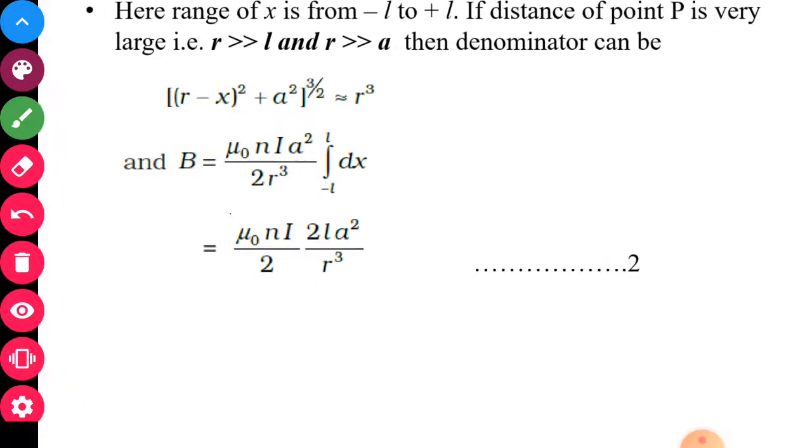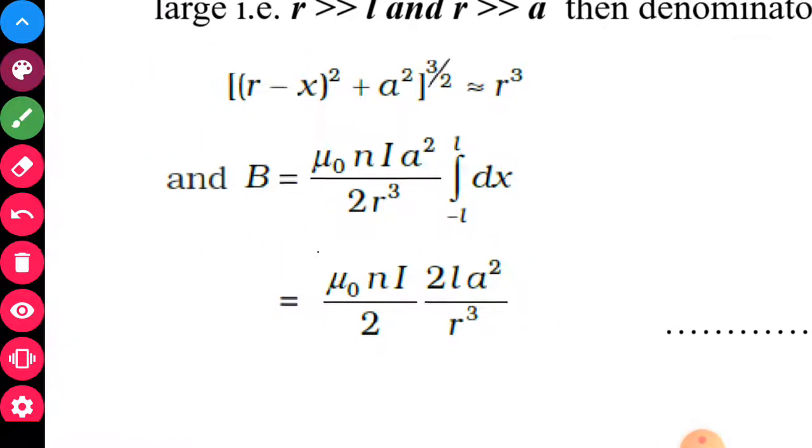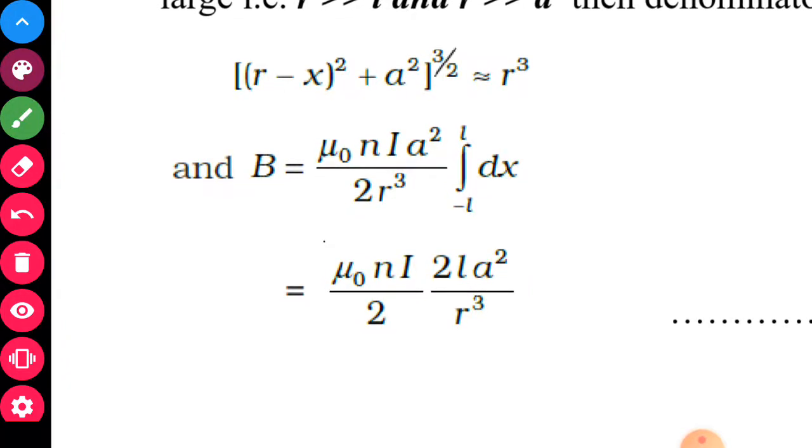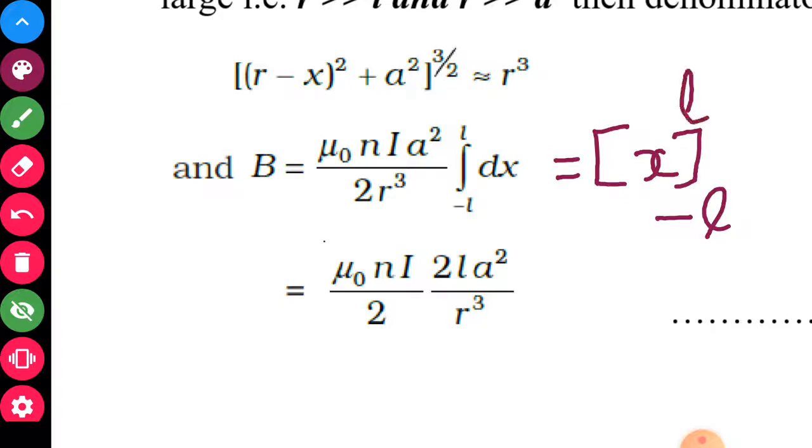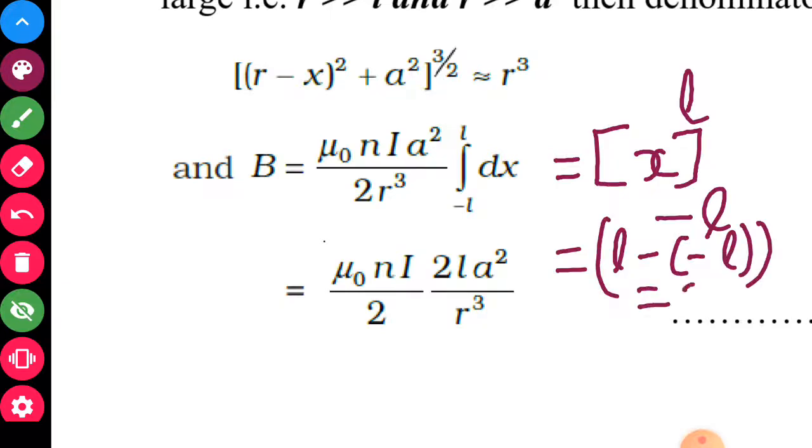Now in the integration there is only dx. You just have dx. The integration of dx is nothing but x, and its limit is from minus L to plus L. So instead of x you write L minus (minus L), so this becomes 2L, which is shown here.